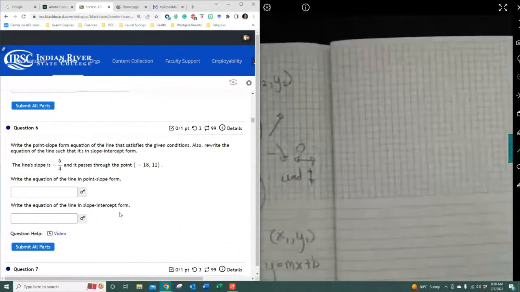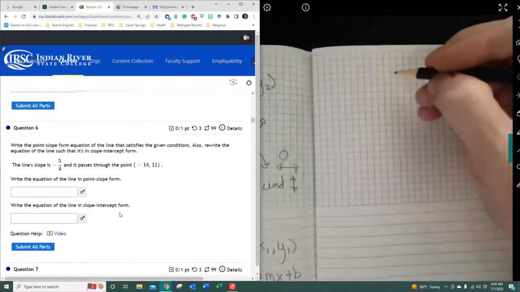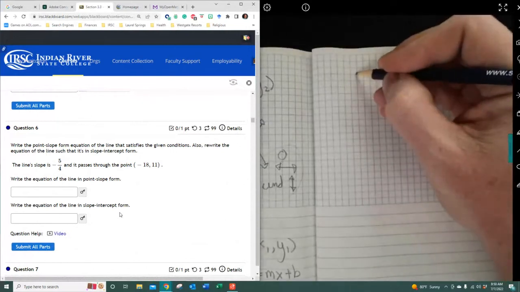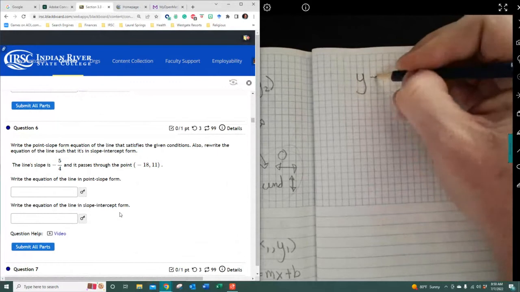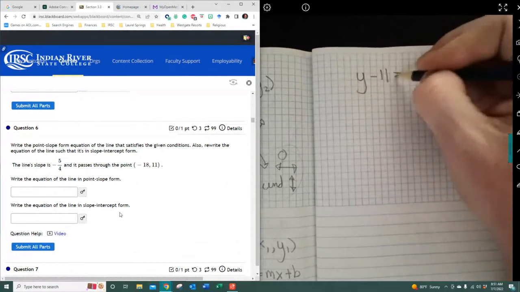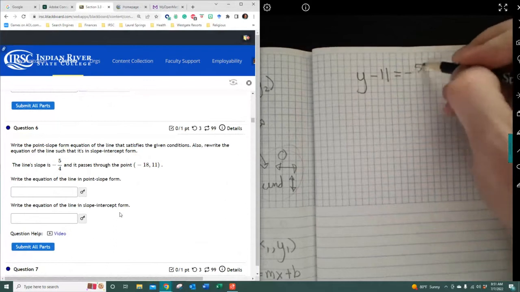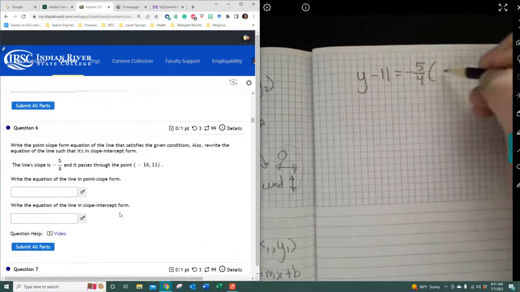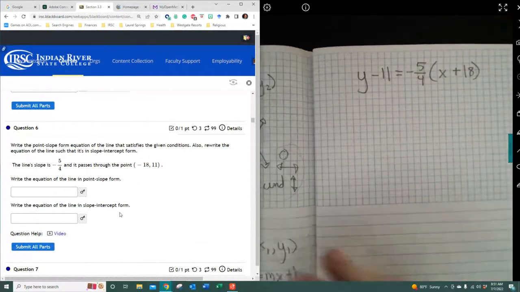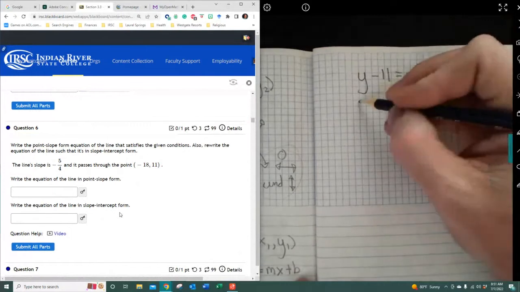So if I come over to here and use that, then I would give you 2 equations. Y minus 11 equals, and then it's the slope of 5/4, and then it's x plus 18. All right. And then I'm going to go ahead and do the distributive property.